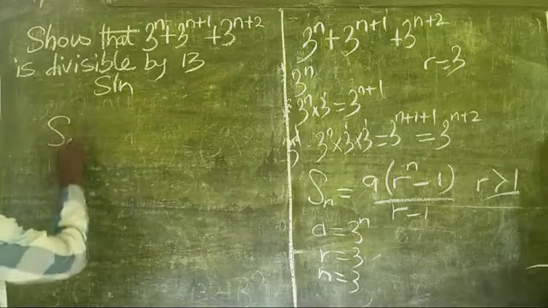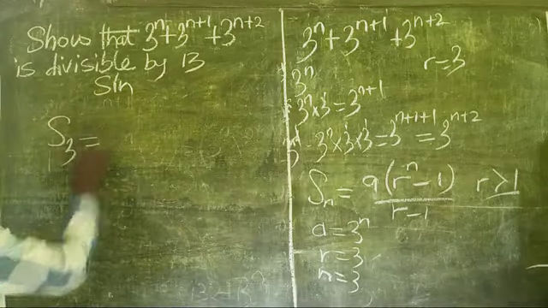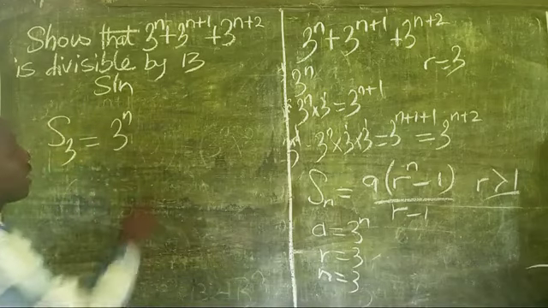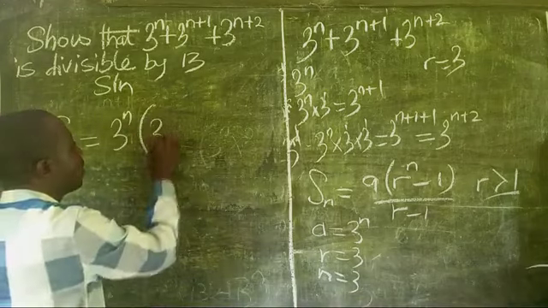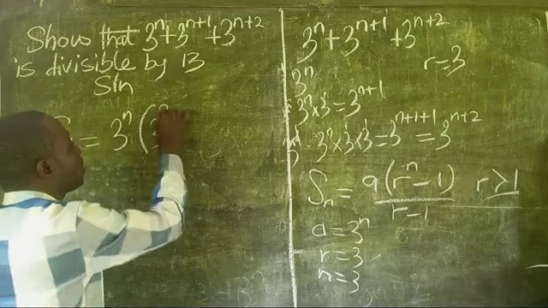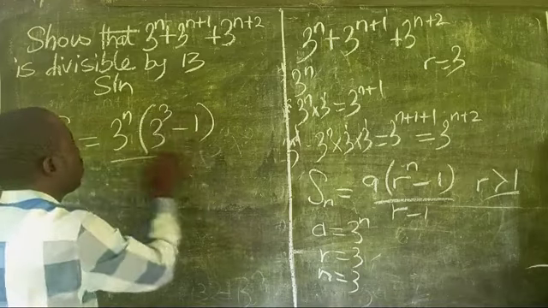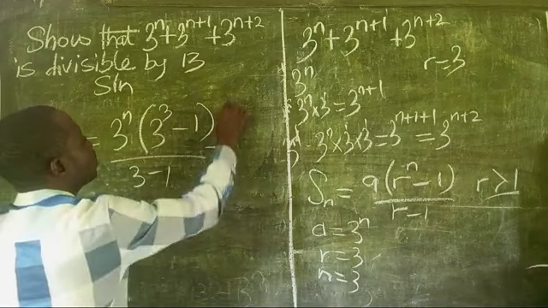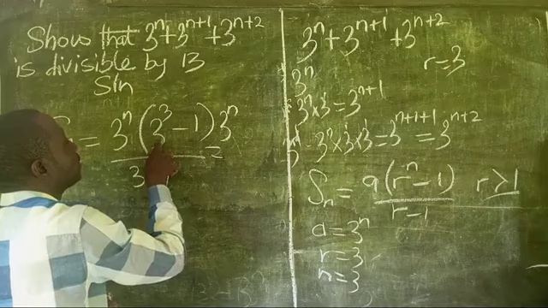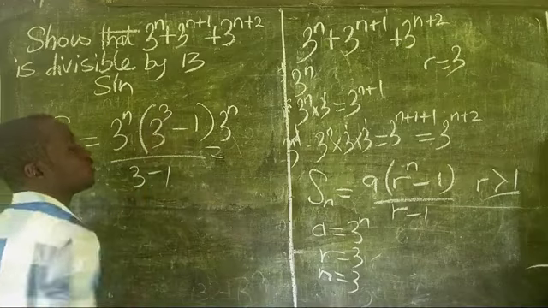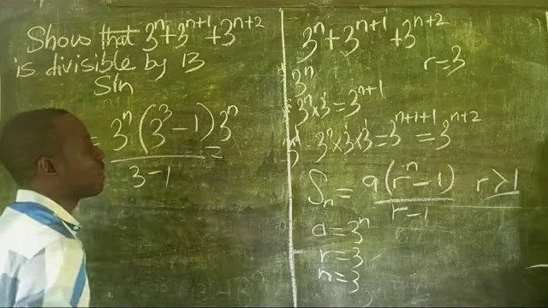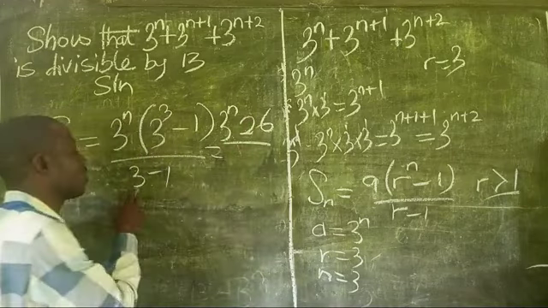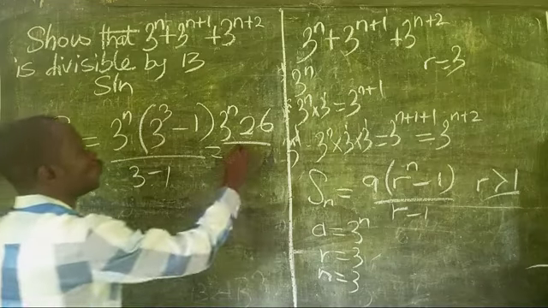It becomes S3 is equal to A, which is 3 raised to power n, times R, which is 3, raised to power n, which is 3, minus 1, all over 3 minus 1. And this is 3 raised to power n times 3 raised to power 3, which is 27, minus 1 is 26, all over 3 minus 1 is 2.